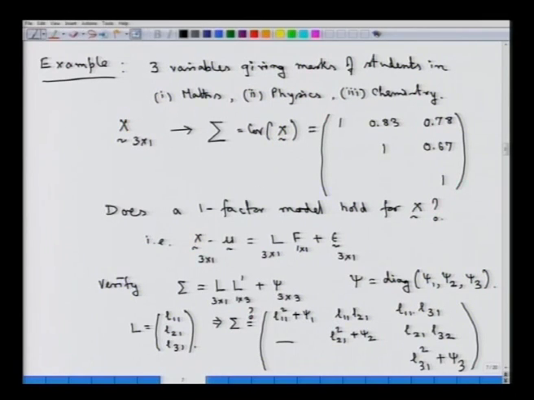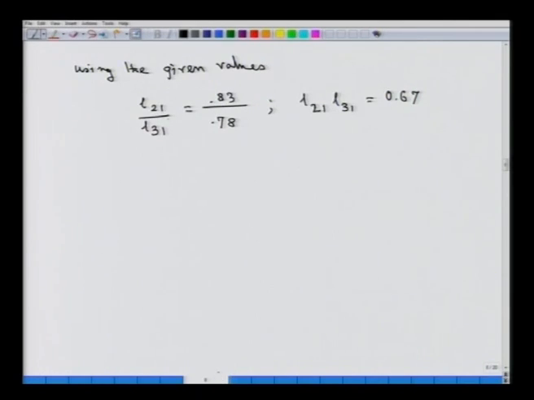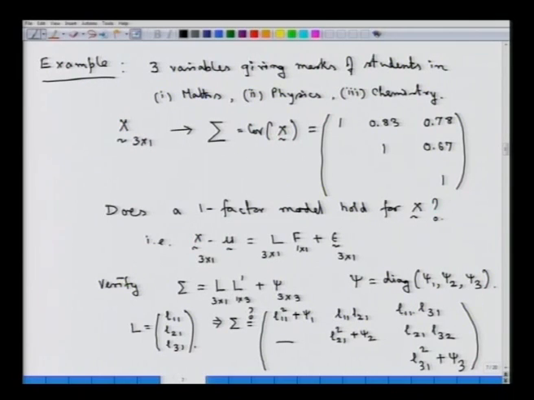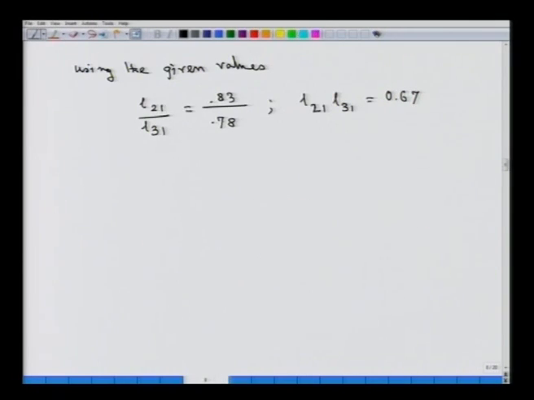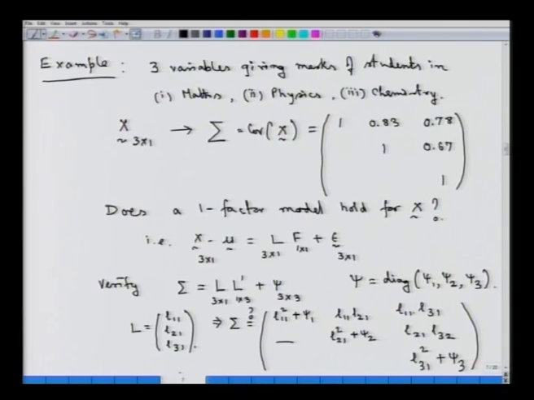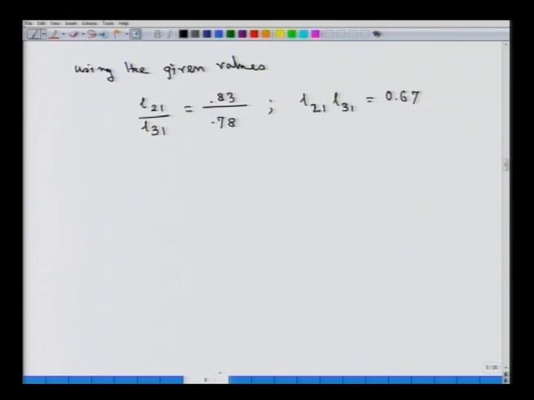Using these two values, the L11 term cancels out and we get this ratio. Also, L21 times L31 is coming from the expression equal to 0.67.